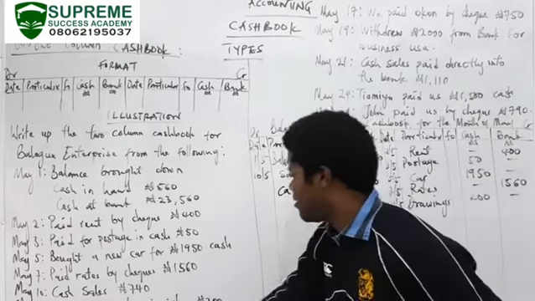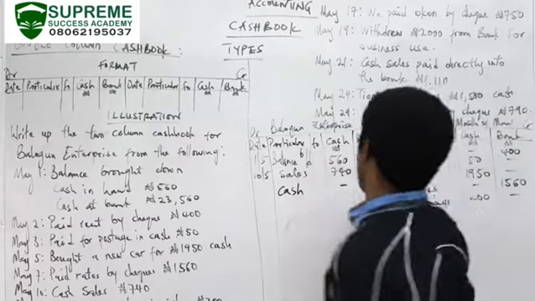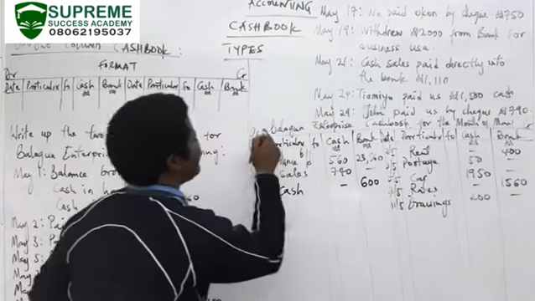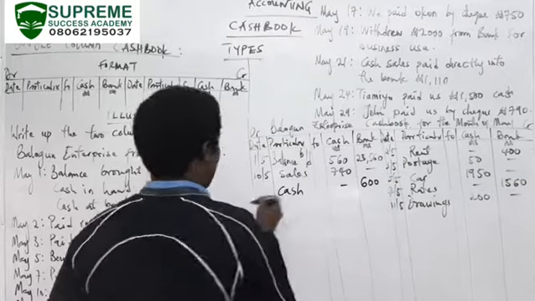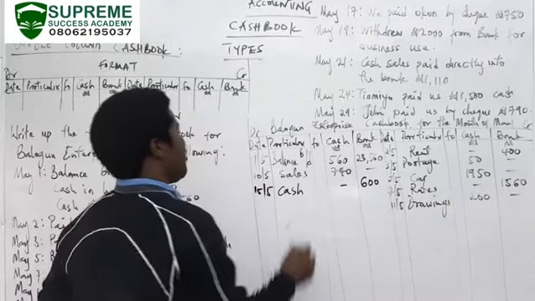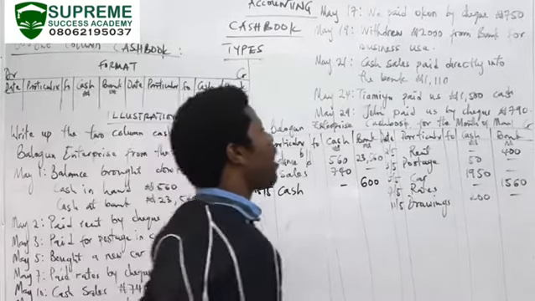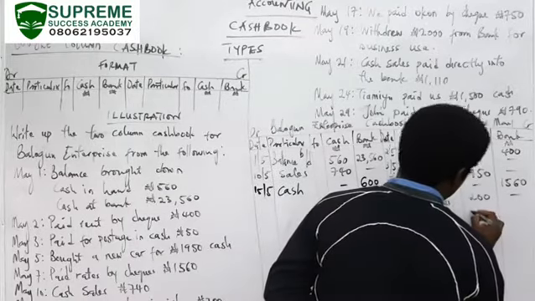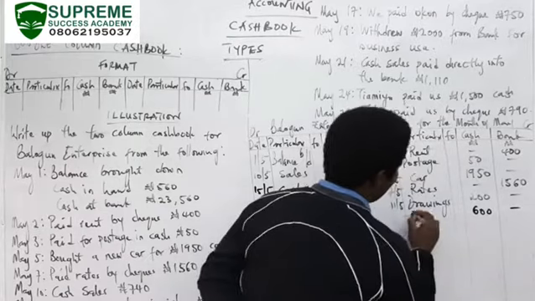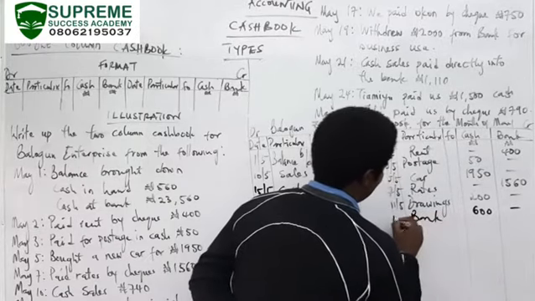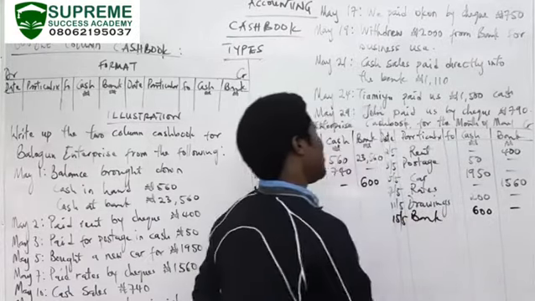The bank receives 600, so this is the receiving side. You debit the bank here, on the 15th of May. And our cash is the giver. He's giving out 600 naira to the bank, and that transaction happens on the 15th.